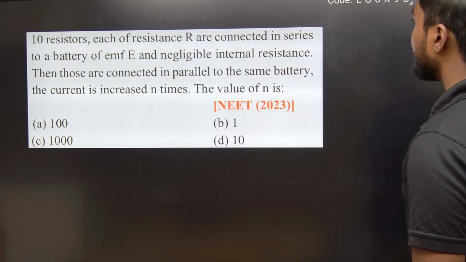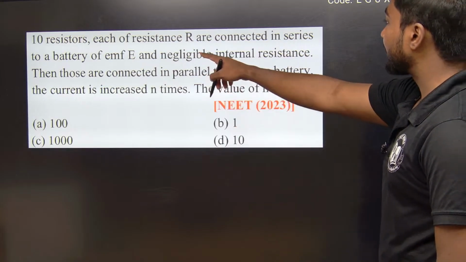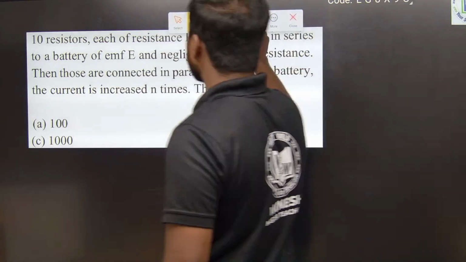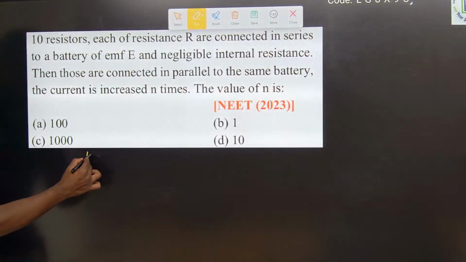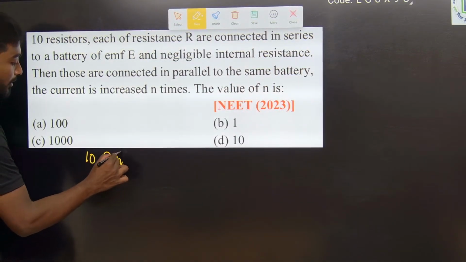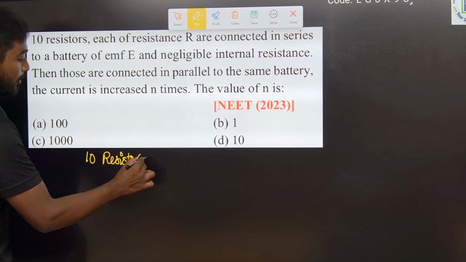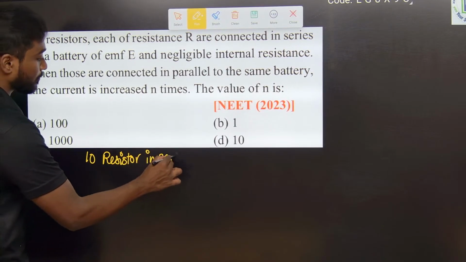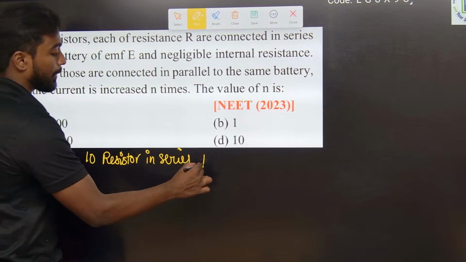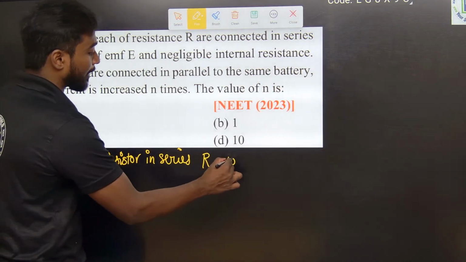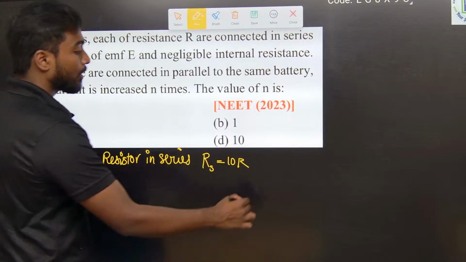First, the 10 resistors are connected in series. Then Rs will be equal to 10R. What about the current?